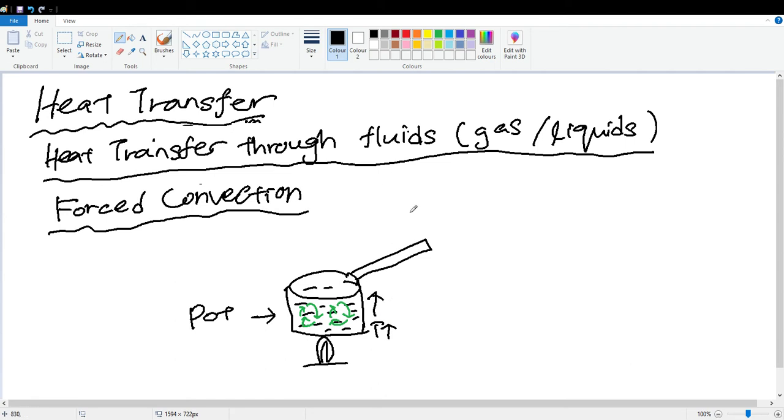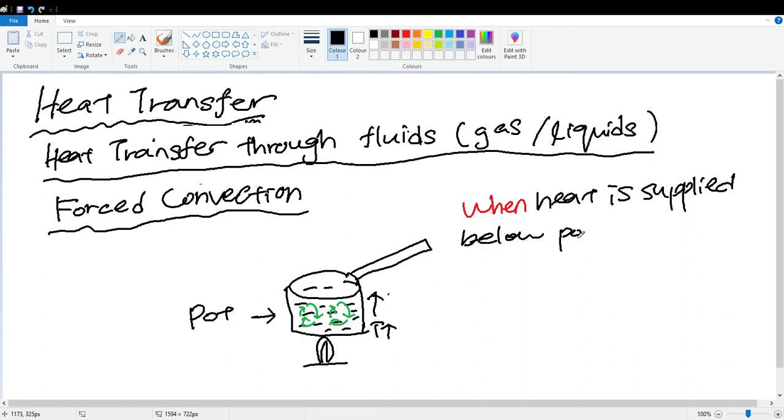So let's say the heat, how should I describe this one? So let me just write it in terms of a sentence. Okay, so when heat is supplied below the pot, so this will be my sentence.